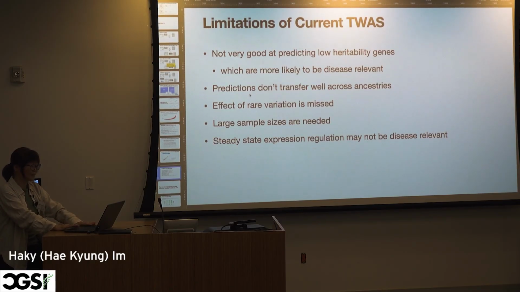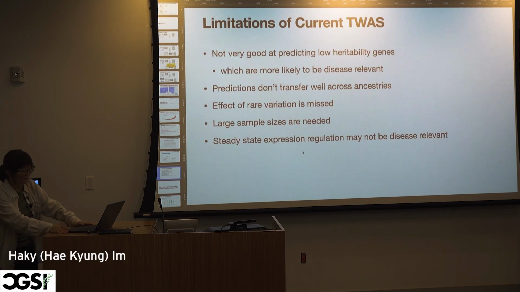Also, predictions don't transfer well across ancestries. Effects of rare variants are missed because they're rare; we may not even find the variation at all. You need relatively large sample sizes, hundreds to thousands.